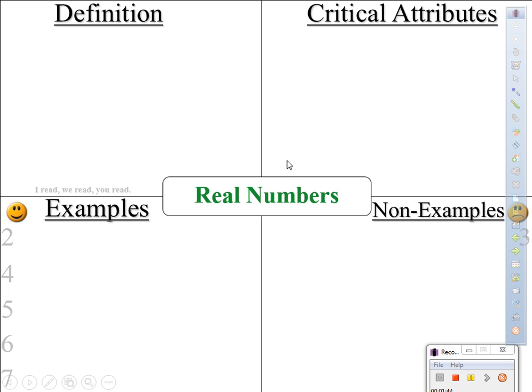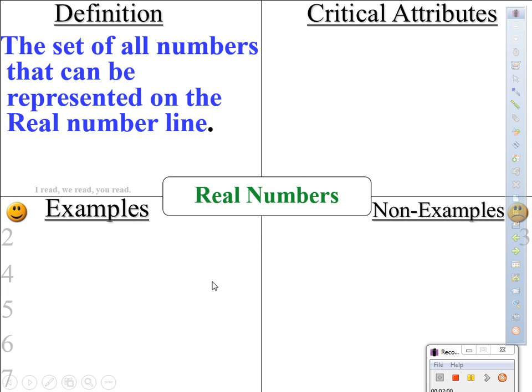Real numbers. What are real numbers? Definition. The set of all numbers that can be represented on the real number line. The set of all numbers that can be represented on the real number line.